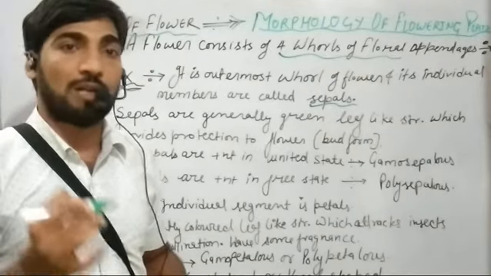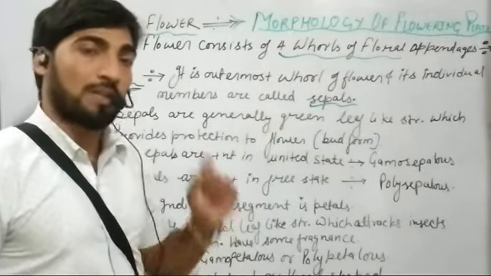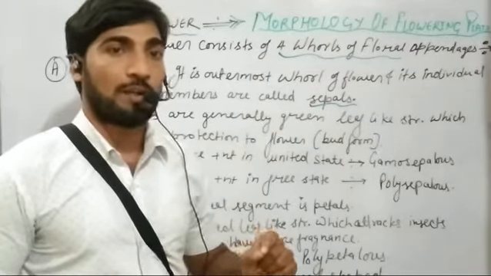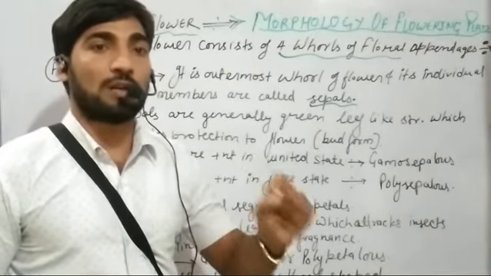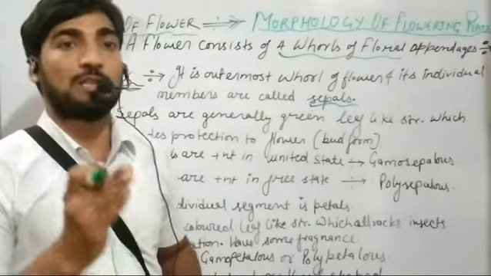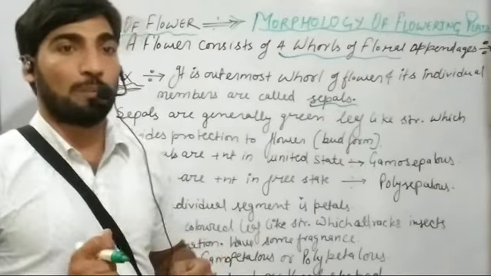These sepals are green in color and usually protect the reproductive organs of the flower when it is in bud form, that is, in closed form.